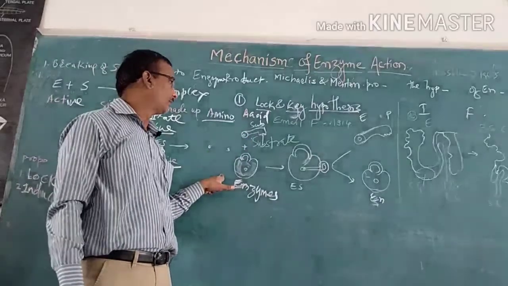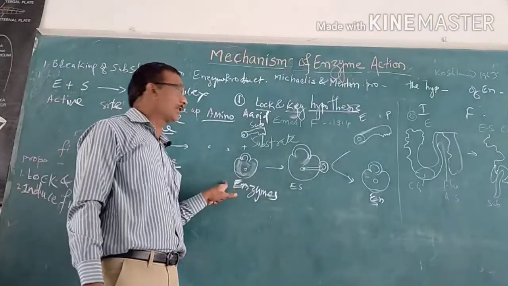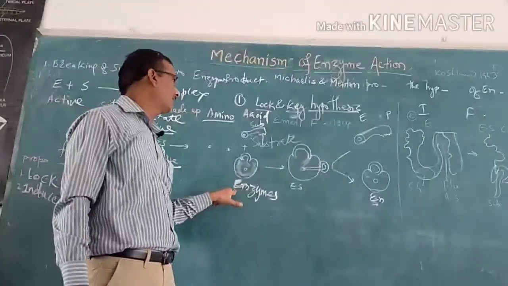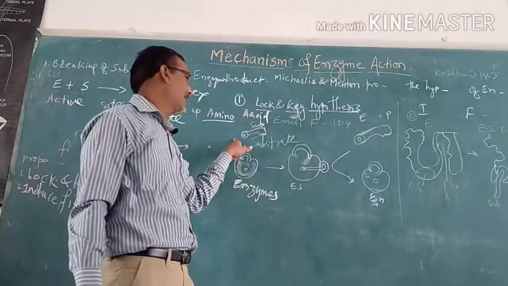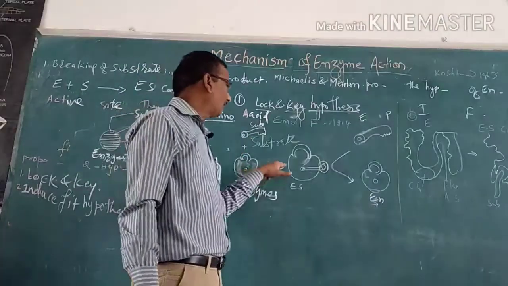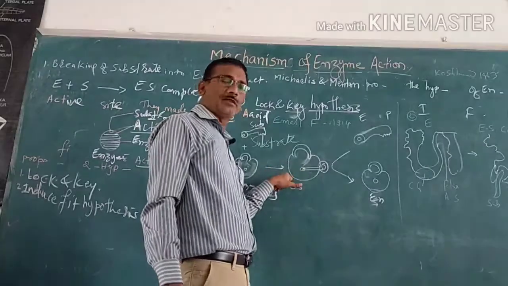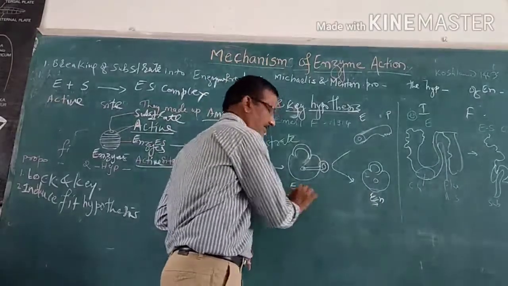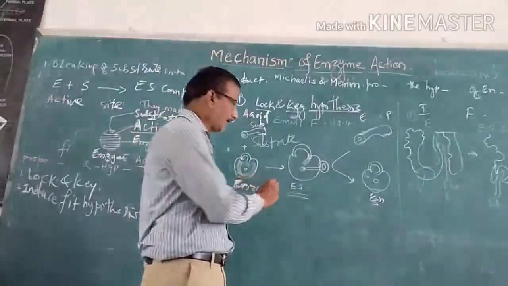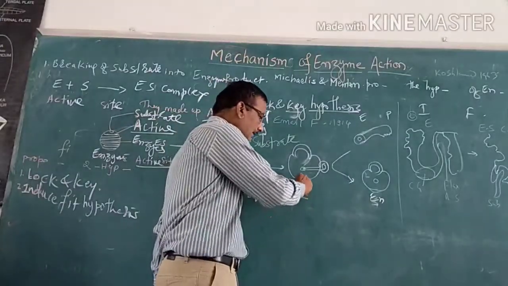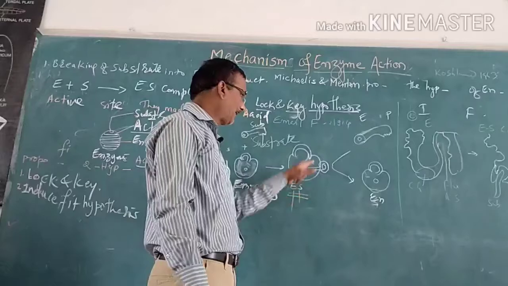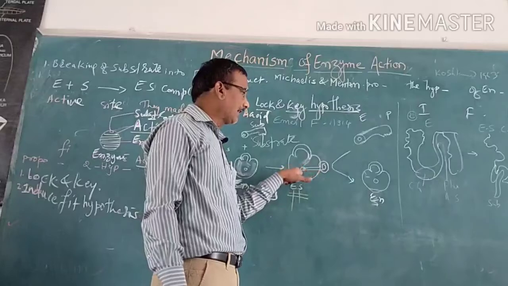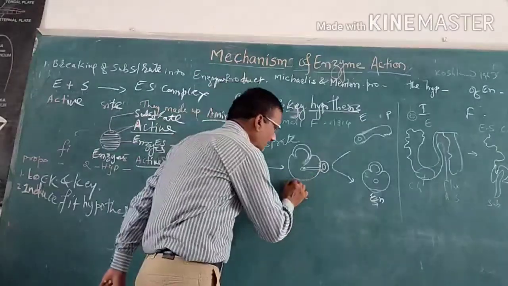Before, I gave information about E plus S: E is the enzyme and S represents the substrate. When the lock fits the key, that is the ES complex. The key fits inside the lock, and that is known as the complex.